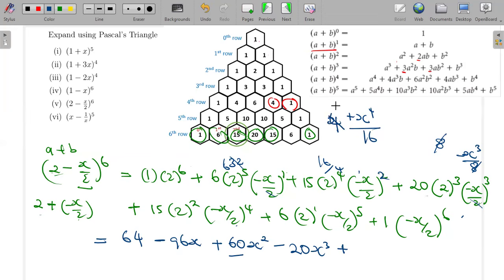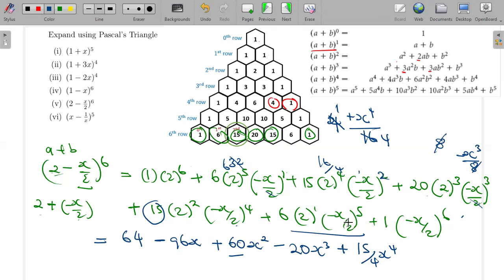So there is going to be 1 there, 4. And then you have this 15, which is in front there. So which is going to give you 15 over 4, then x to the power 4.